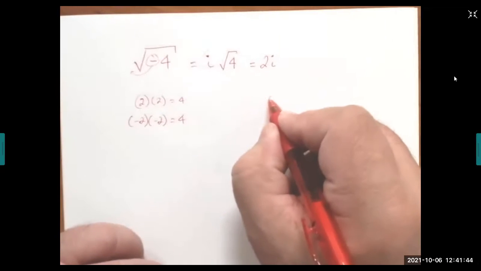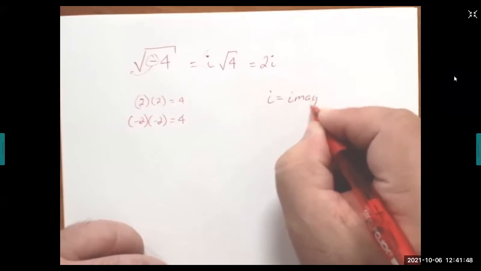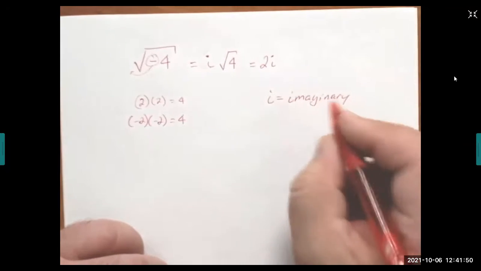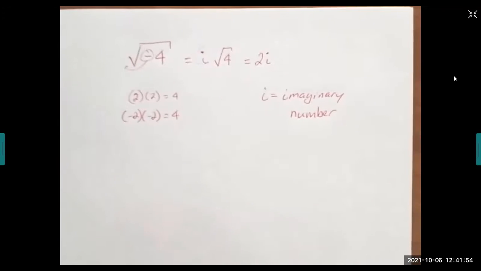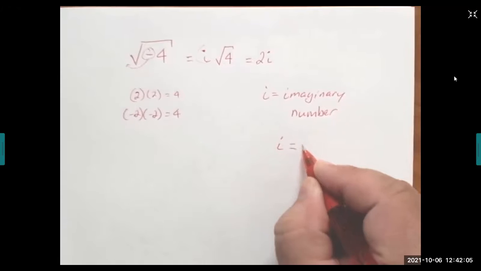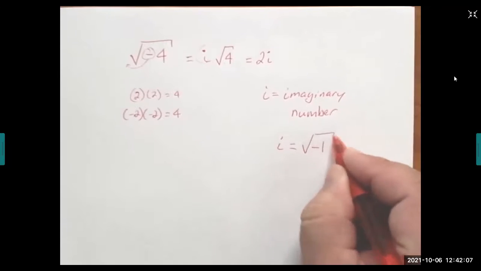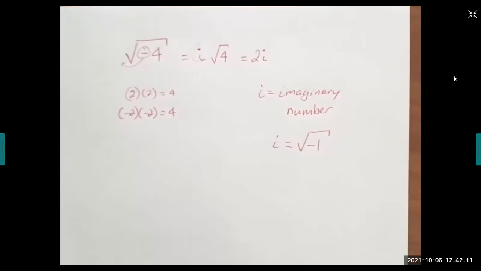This i represents imaginary numbers. i is an imaginary number. It's got a value. We can't touch it. The value of i is the square root of negative 1. You can't graph it.